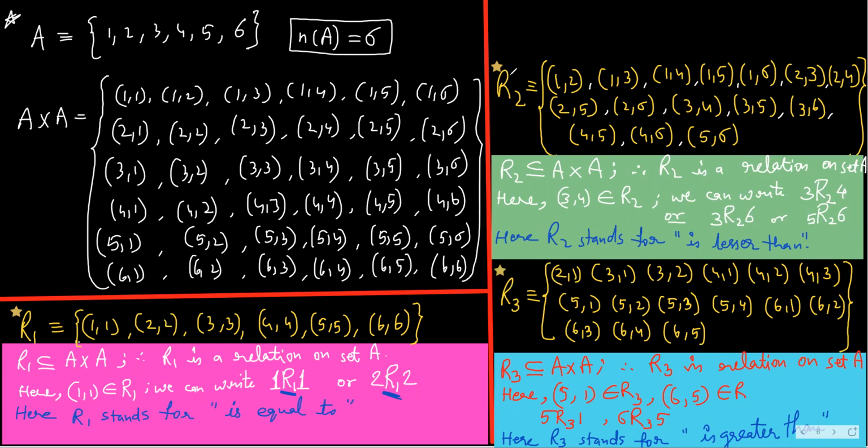Now I give you a problem for practice. You have to define a relation on this set A. You have to define a binary relation on A, which is R4.